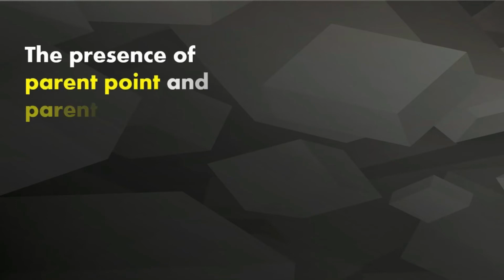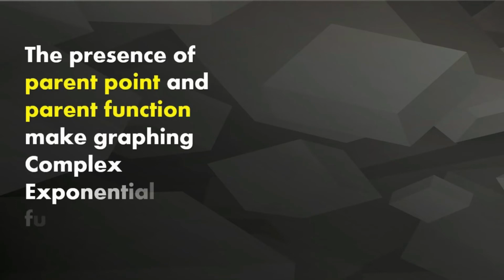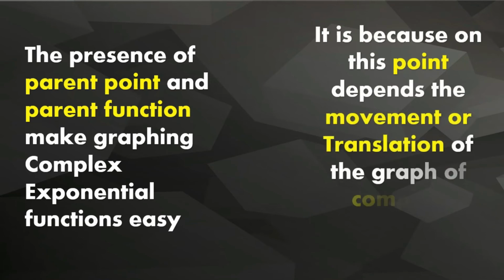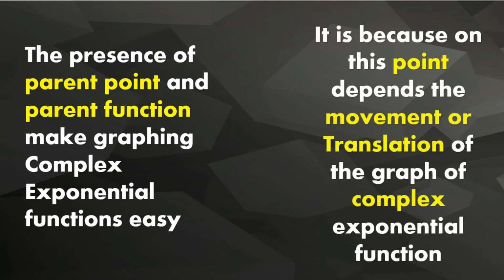The presence of the parent point and the parent function makes the graphing of complex exponential functions easy. It is because on this point depends the movement or translation of the graph of complex exponential function.